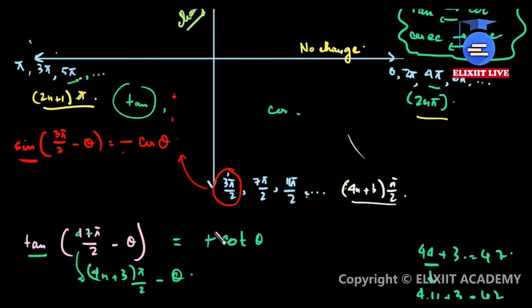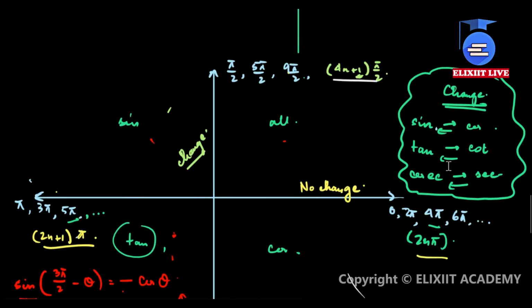So what you will do: first, whatever is given, locate even or odd multiples of pi by 2, 4n plus 3 or 4n plus 1 pi by 2. Then figure out whether it is changing or not changing. Change means sine becomes cos, cos becomes sine, tan becomes cot, cot becomes tan, cosec becomes sec, sec becomes cosec.